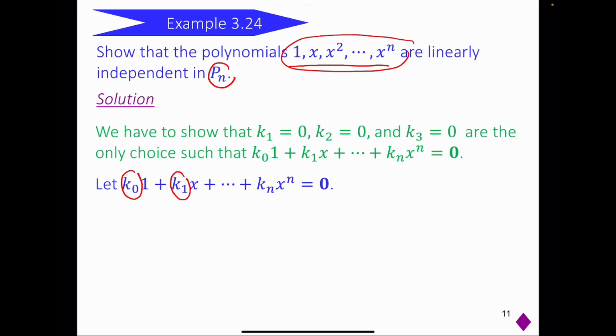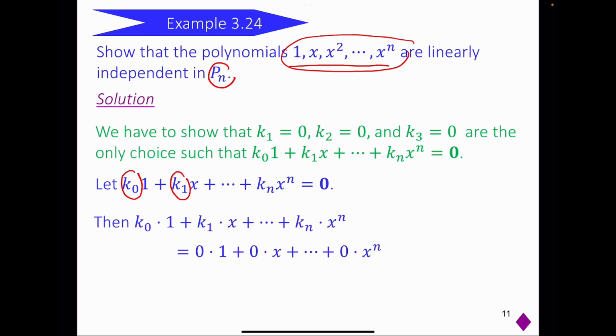And then we substitute the zero vector, where the zero vector here is the polynomial of degree at most n with all coefficients zero. All coefficients of all variables are zeros.